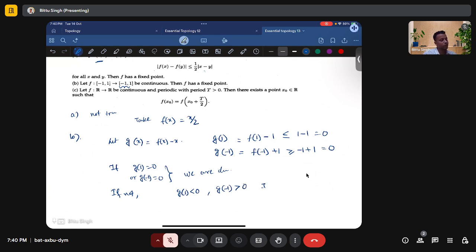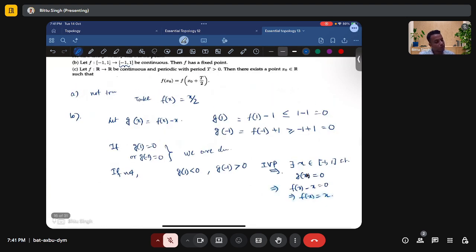We can use the intermediate value property to say there exists some x in (-1,1) such that g(x) equals 0, right? And g(x) equal to 0 implies f(x) minus x equals 0, that is f(x) equals x.